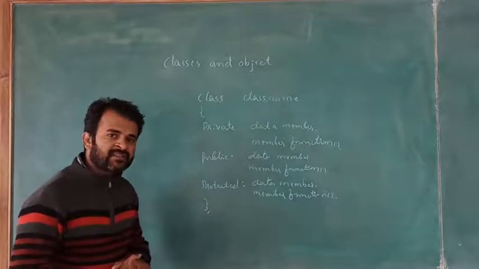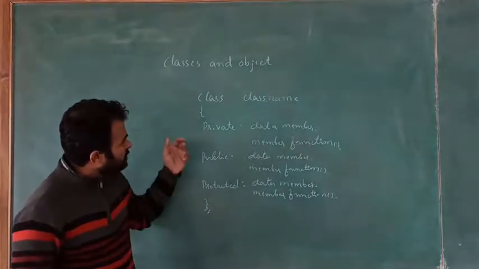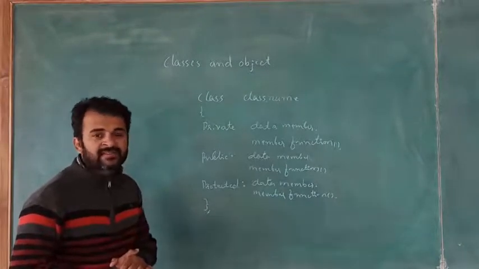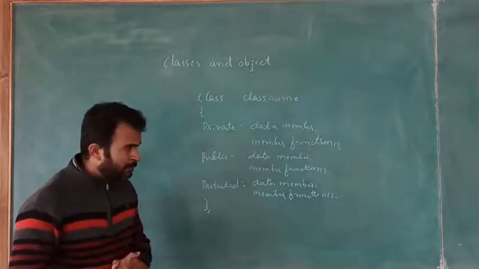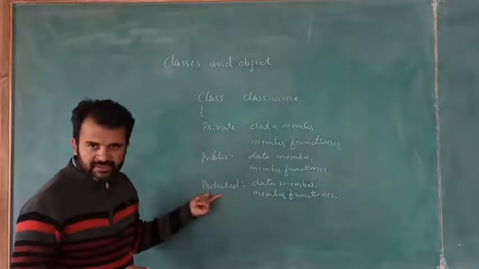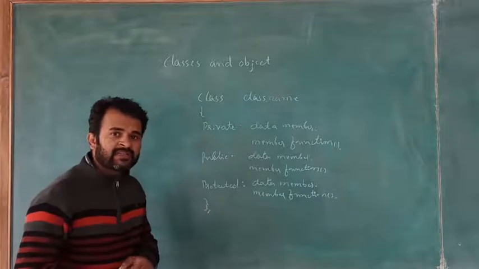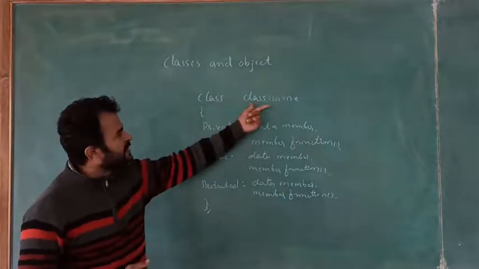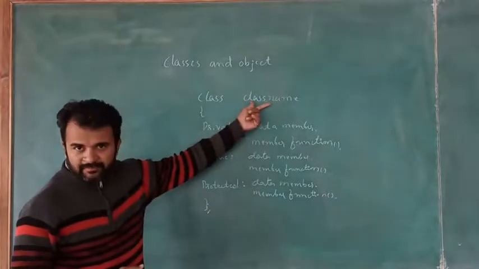Next point, there are three types of access control specifiers, namely private, public and protected. The last point, the class tag name. This is the class name.